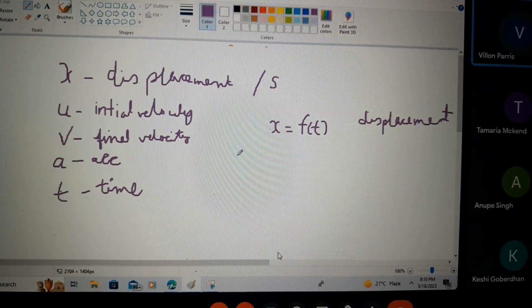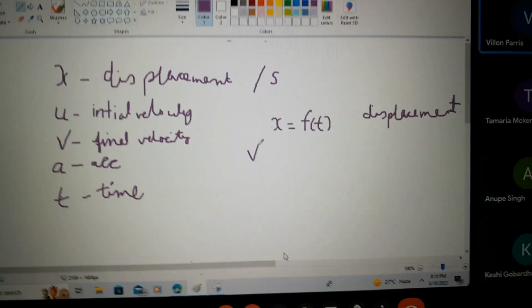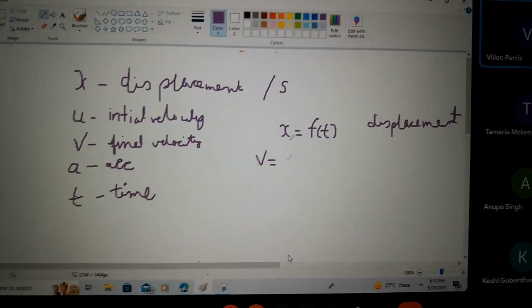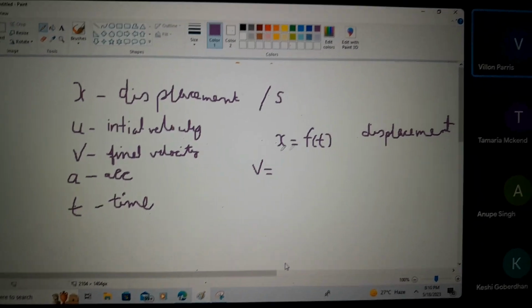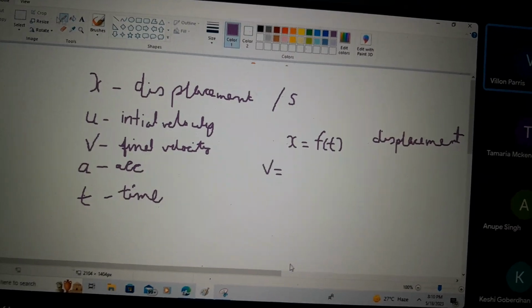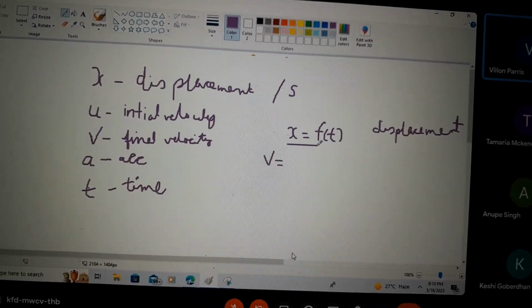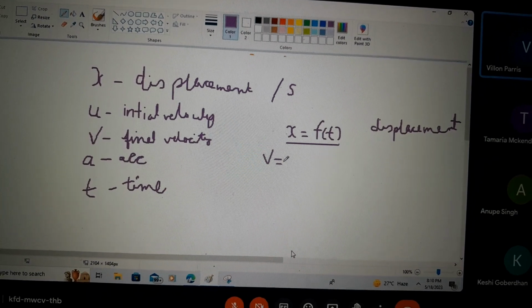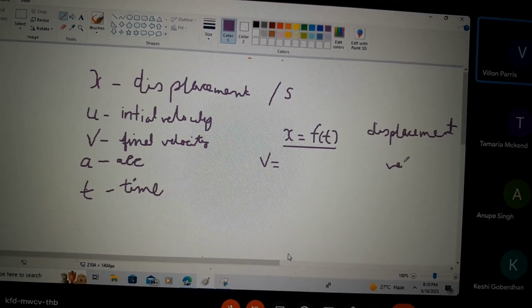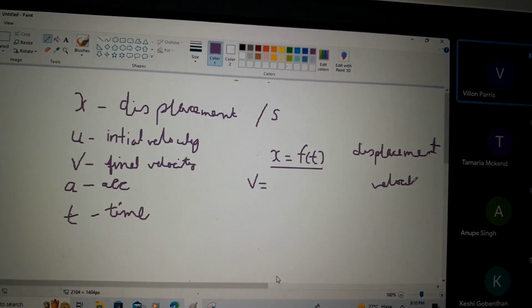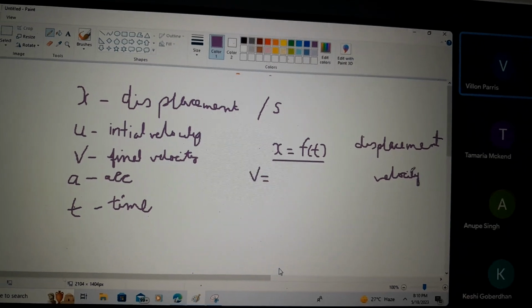If you want to find the velocity, it is the derivative of your displacement function. So if you have your displacement function and they ask you for velocity, you have to differentiate.